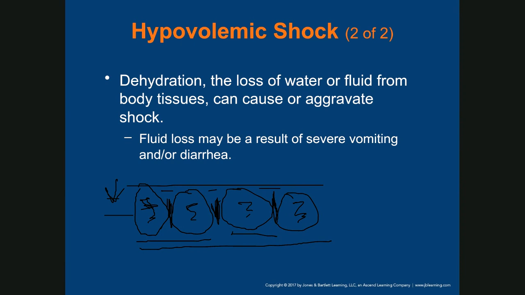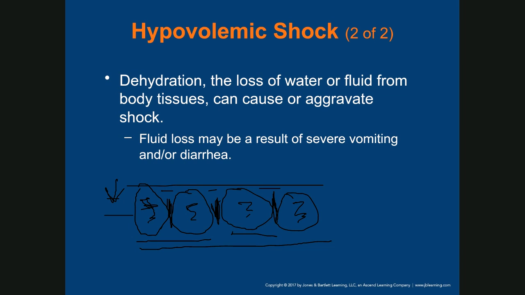Now, what the body will do, which makes sense, if there is a drop in the intravascular fluid, it means that there will be a deficit in the blood volume, because plasma is a part of the blood volume, right? So we would have less blood going to the heart, less blood leaving the heart, and that's how we get the hypovolemic shock.